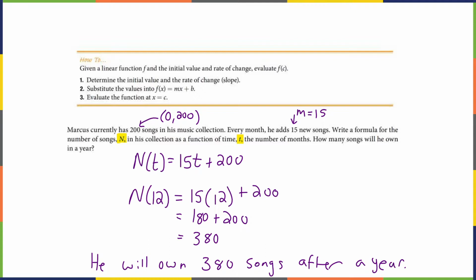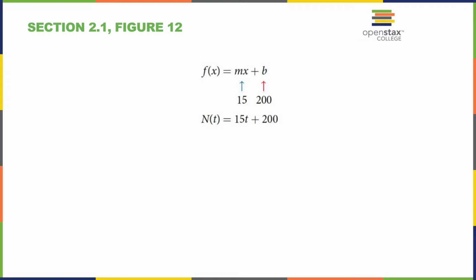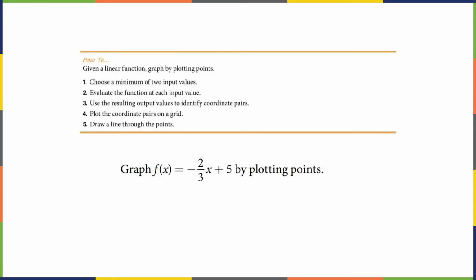And that is how you write that. So again, recognize here that when we're looking at how this was set up, f of x is the standard form of how we write it. But in this case, because we were told we had to call it n, it had to be a function of t, we had to change that out. So just be very careful to pay attention to what they're telling you in the word problem.